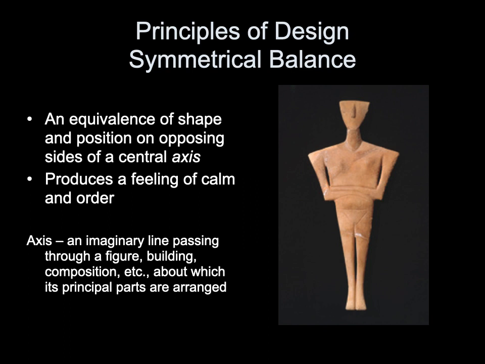The problem with symmetrical balance is that sometimes it's not very exciting. It can be boring. So I would say that symmetrical balance is often used in works that are somewhat meditative, maybe spiritual or religious in nature as well.